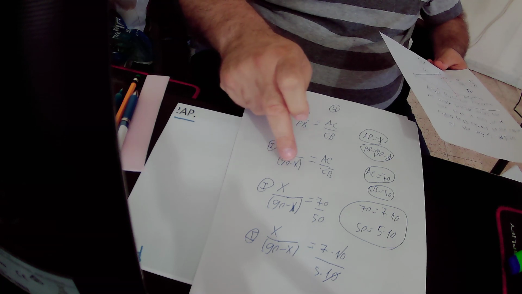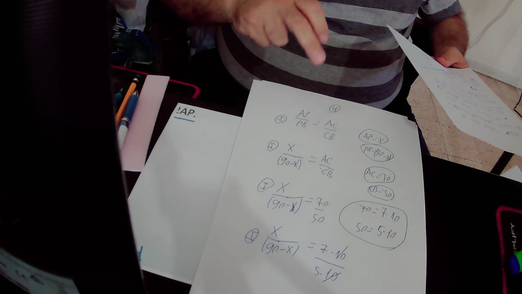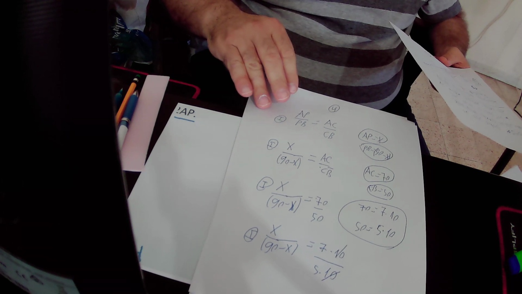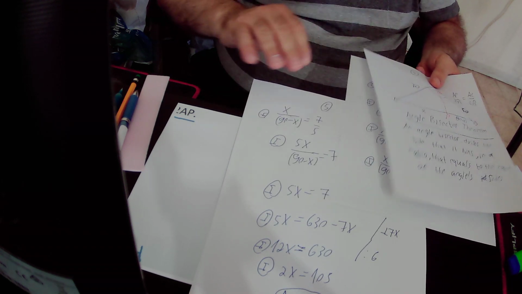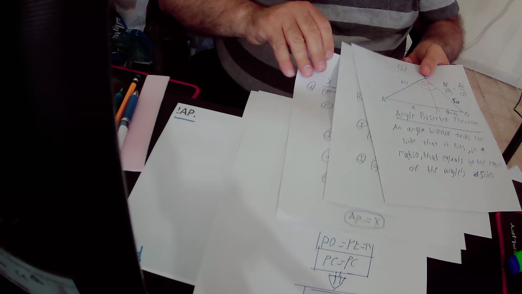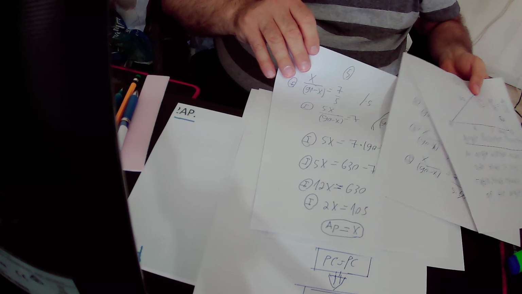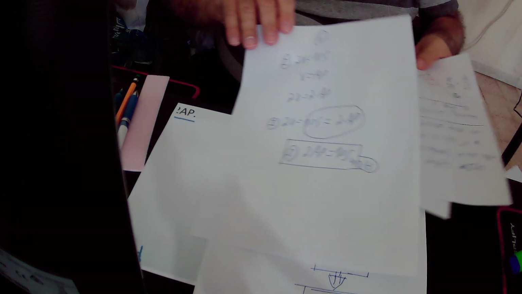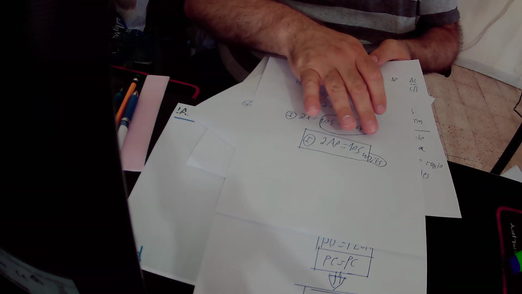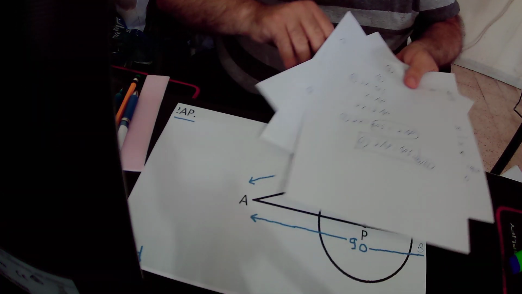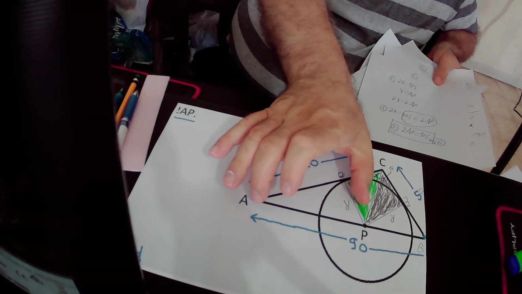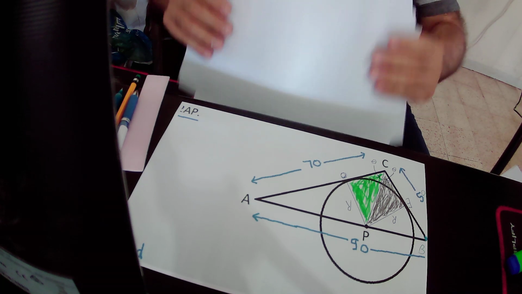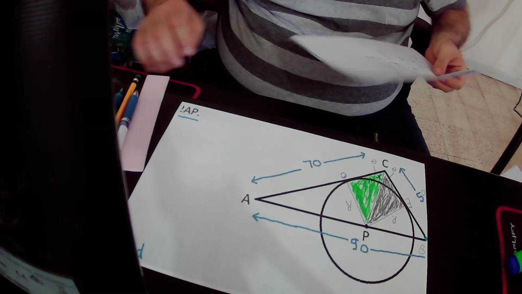So after we do all the calculations, we got that 2x, 2 times AP, equals to 105 units. Okay, 2 times AP equals to 105 units. Okay, thank you very much.